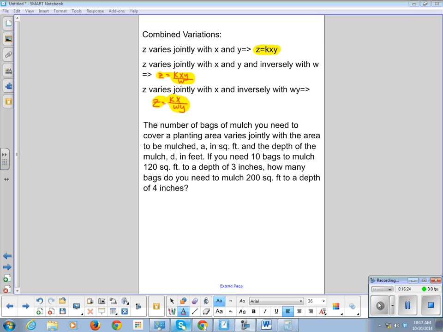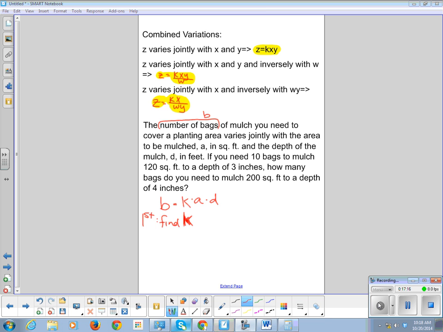So if I'm going to take the first sentence, I'm going to say that the number of bags is going to be B. The number of bags varies jointly, so I definitely need my constant, with the area to be mulched, A, and the depth of the mulch, D. So here's my little combined variation, B equals K times A times D. The first thing I need to do is find K. And we have a little issue because D needs to be in feet, but the depth they give us to find the K value is in inches.